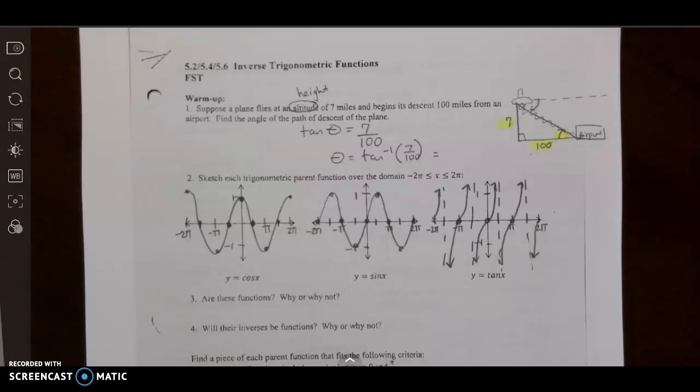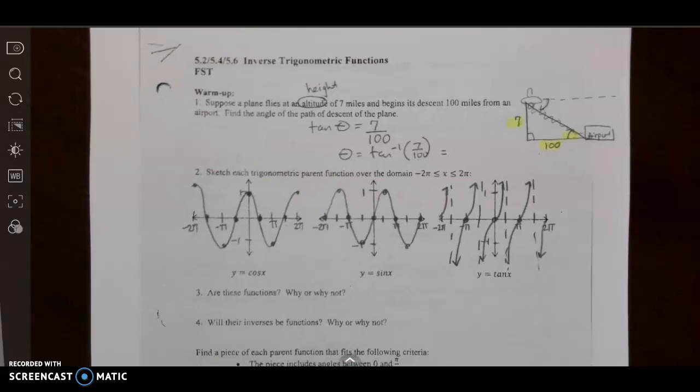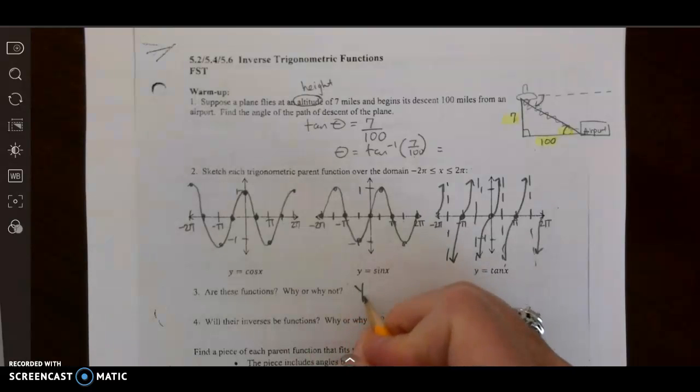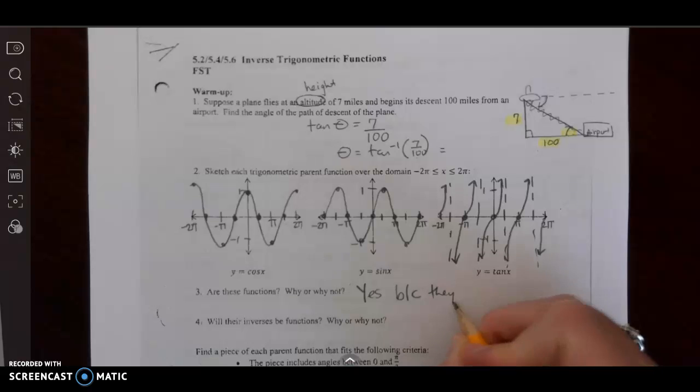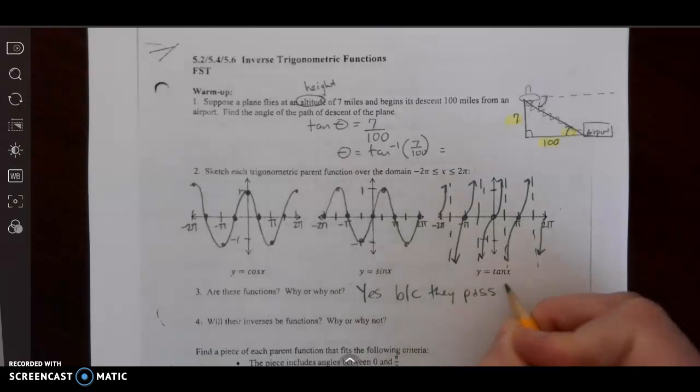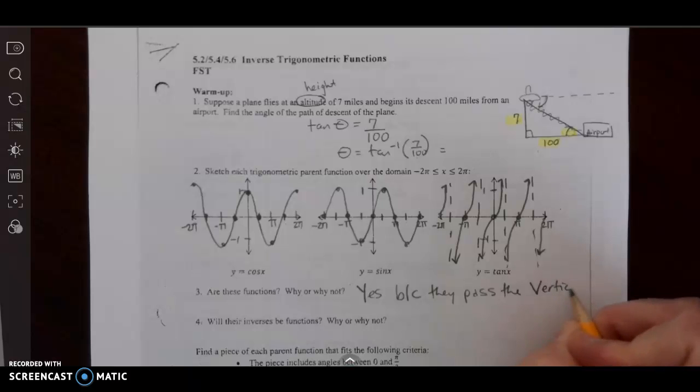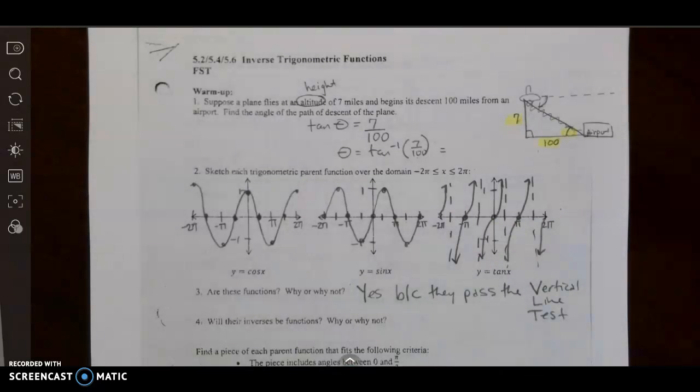Are these functions? Well, I would say yes, because they pass the vertical line test. I'm going to write it out. Vertical line test. Will their inverses be functions?